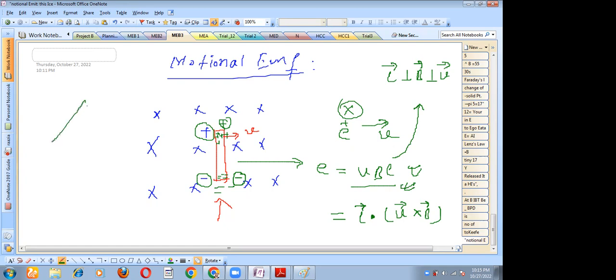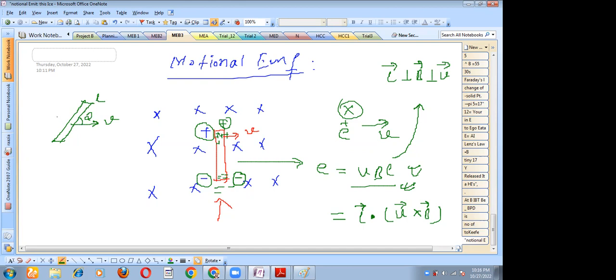But in some cases, whenever the conductor is moving at some angle, suppose the velocity is not perpendicular to the length, it is making angle theta with the length of the conductor.